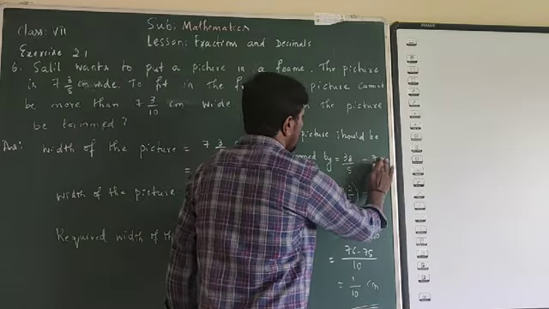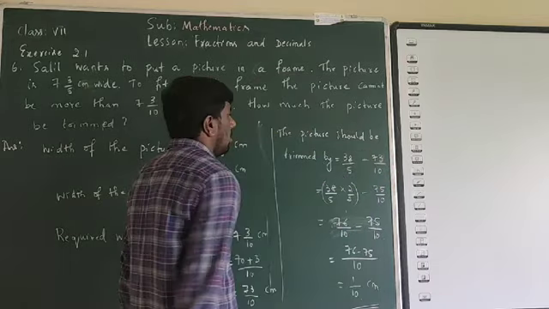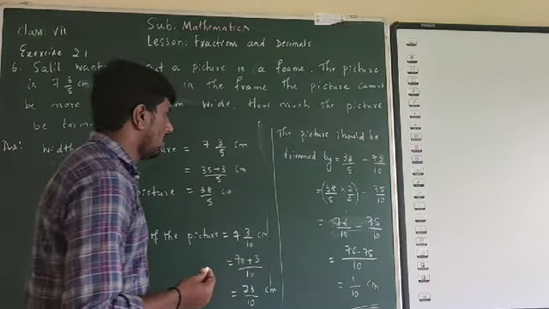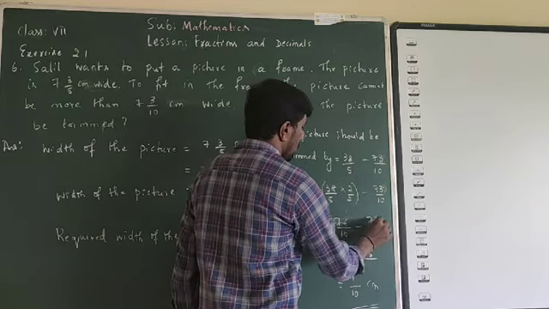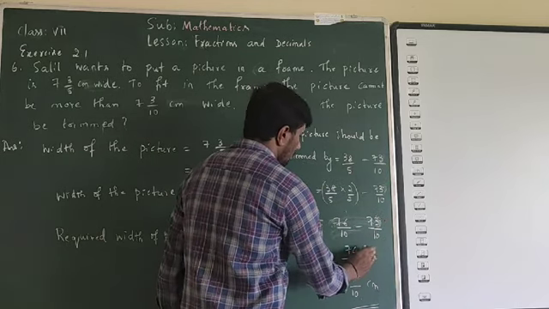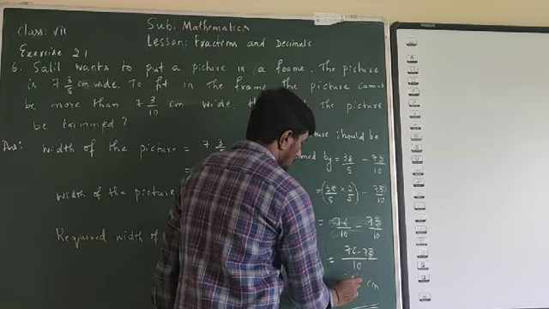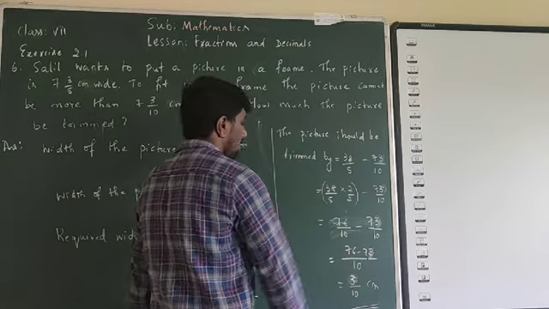So make it 73 by 10. I have written 75. Okay, so 73 by 10. Here also it is 73, and here also it is 73. Then 76 minus 73 will become 3, so 3 by 10.